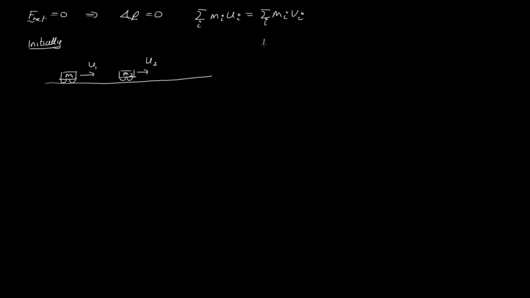So they have a collision, and then finally we have our cart with mass m1 traveling with some final speed v1, and our second cart with mass m2 traveling with some final speed v2.